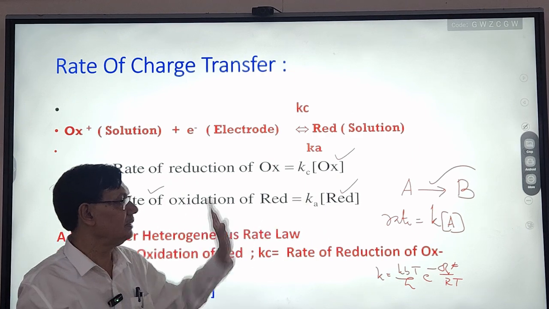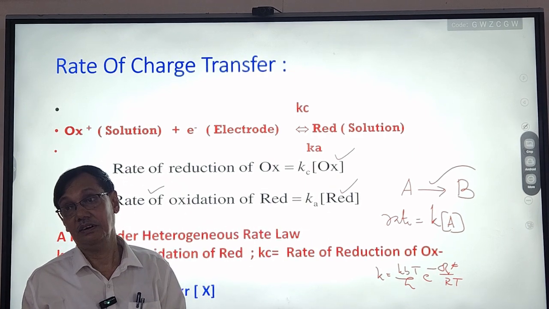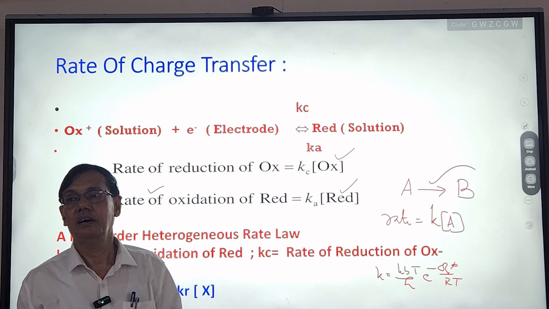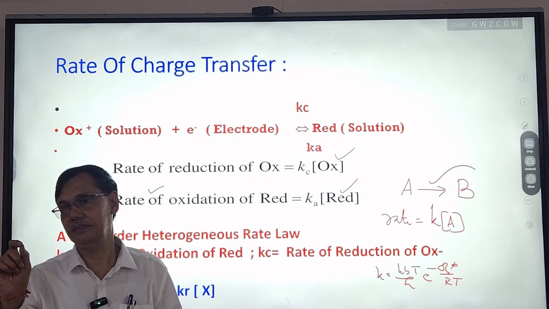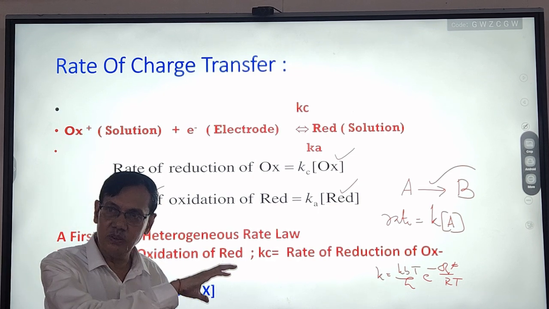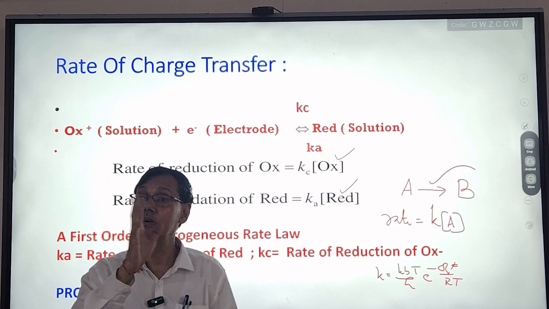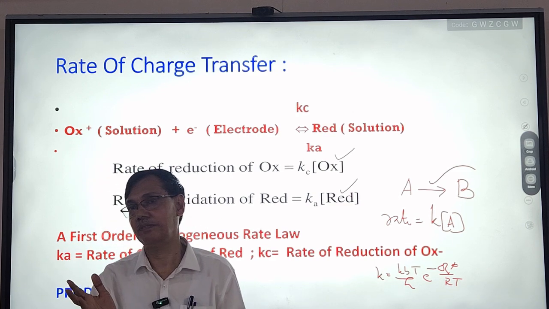Any doubt about this thing? Now we have to apply this rate constant in terms of cathodic current.